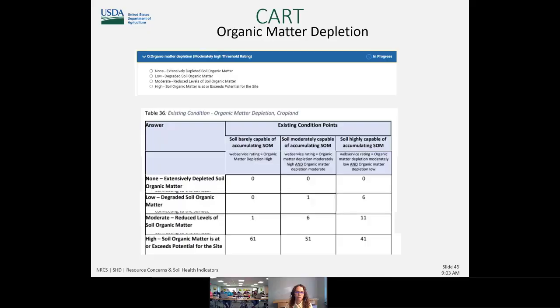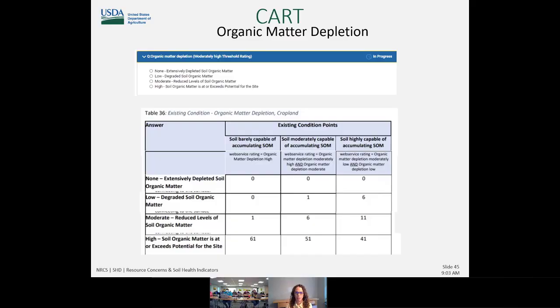So CART is set up with the existing conditions. This example is for organic matter depletion, and based on the web service, that rating is integrated into CART, and we'll put it into a category of being a soil that has the inherent capabilities of accumulating soil organic matter.